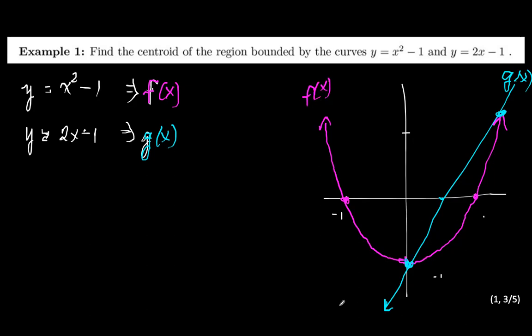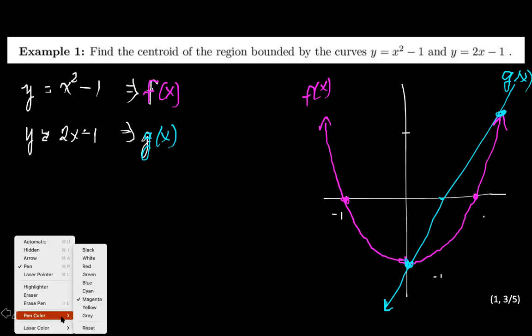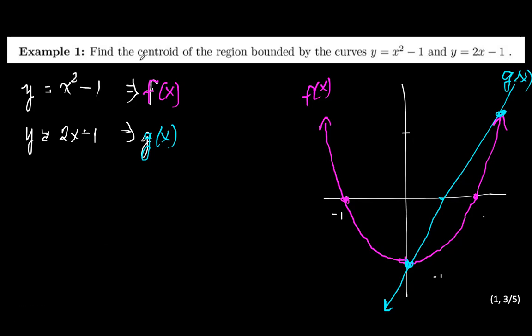Okay, here we go. So we have already sketched the graph, and what we need to do is to find the centroid, the centroid or the center of mass of the lamina.